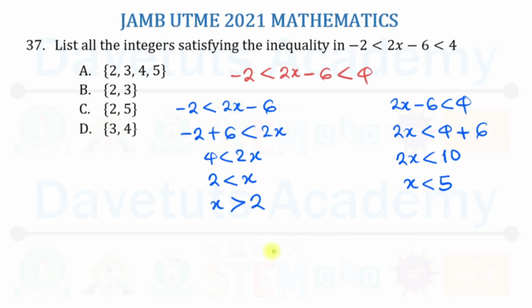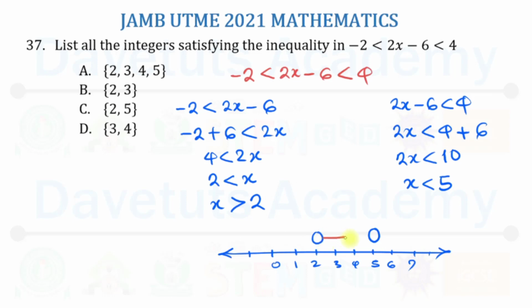I think this is quite good. If you want to put it on a number line, you can just have 0, 1, 2, 3, 4, 5, 6, 7. This is 5, this is 2. So x greater than 2 goes this way, x less than 5 comes this way.